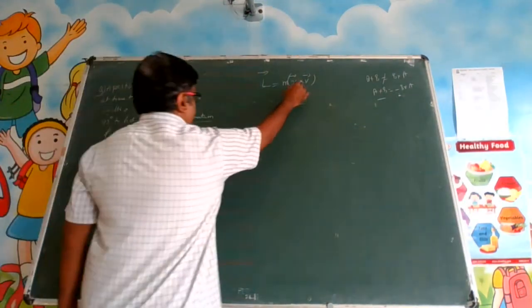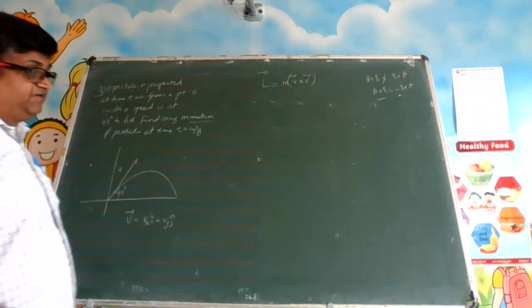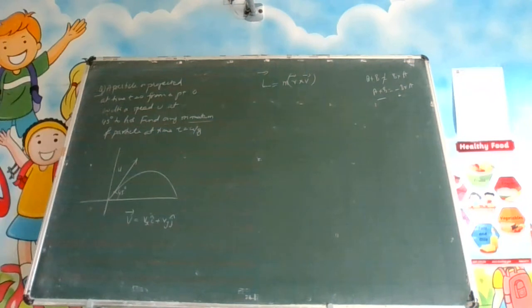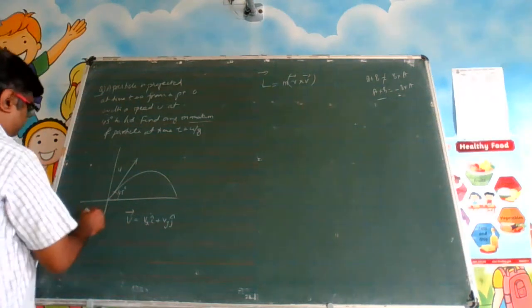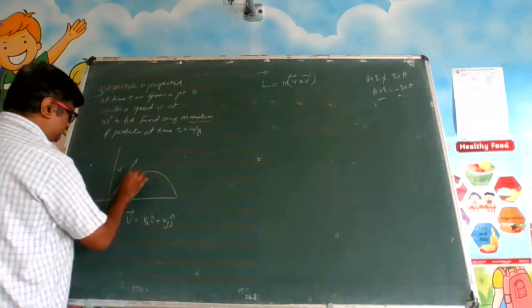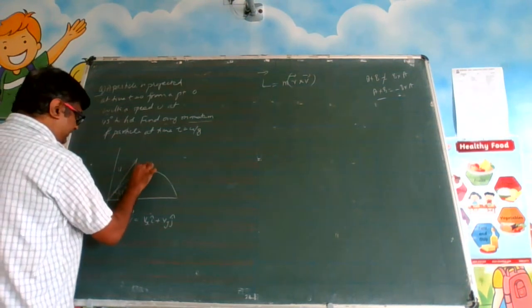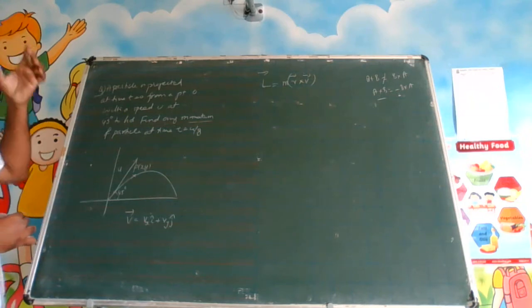So v vector is this vector, and what is the position vector? At a particular instant of time the particle is at position P, which is x comma y, isn't it? So how do you write that in terms of vectors?